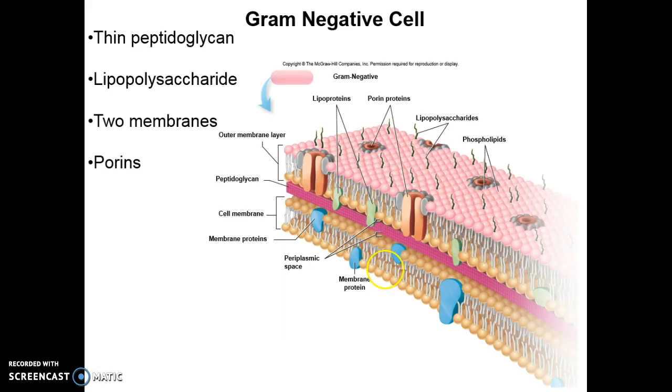Then a gram-negative cell looks a little more complex than the gram-positive cell. Here you have a very thin layer of peptidoglycan.